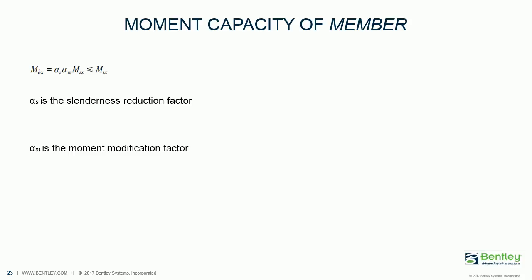We call them alpha s, the slenderness reduction factor, and alpha m, the moment modification factor. Very interestingly, one term is reducing the MSX value, and the other term is amplifying this value. So you have to take care of both these terms to understand what is the net effect and how much your MSX has to be modified. We will discuss the significance of this alpha S and alpha M.